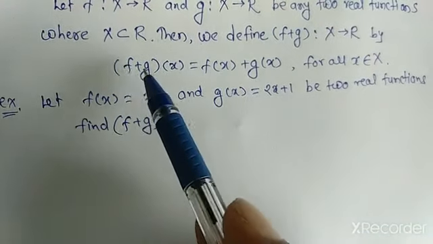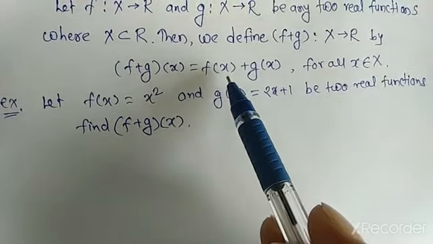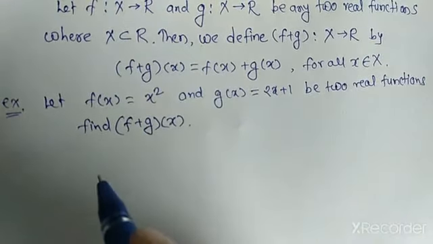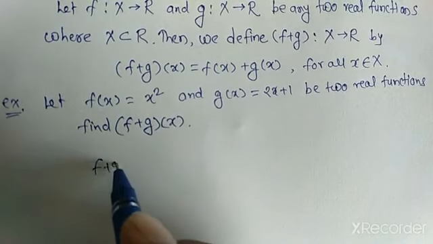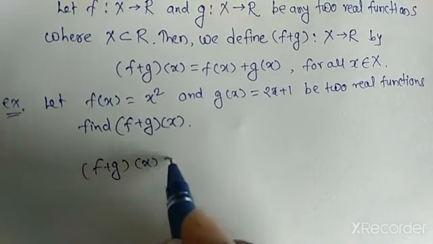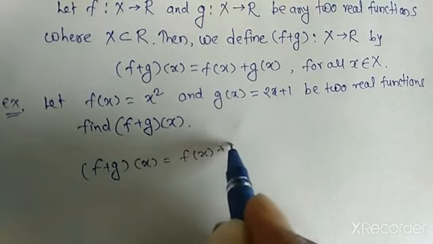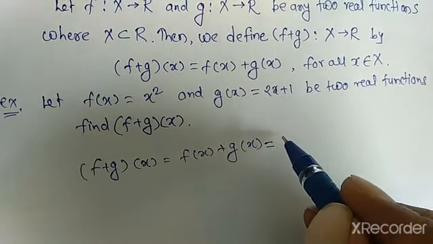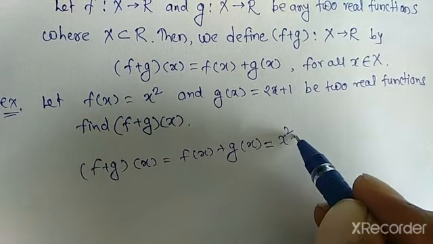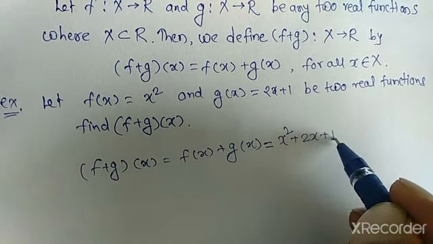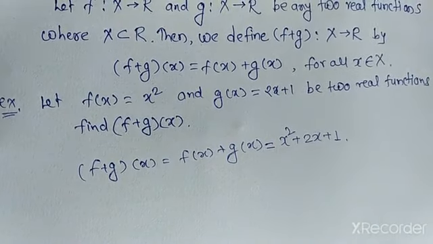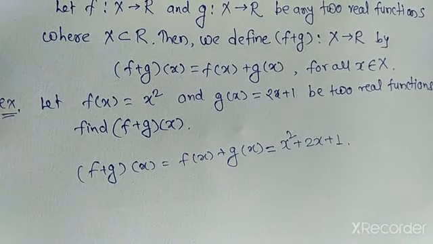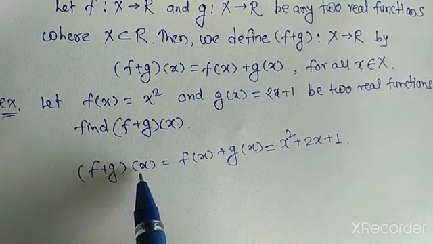So we can write (f plus g)(x) is equal to f(x) plus g(x). Here f(x) is x square and g(x) is 2x plus 1, so (f plus g)(x) is equal to x square plus 2x plus 1.